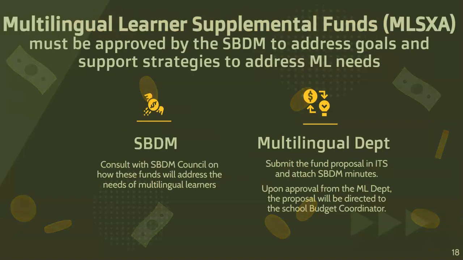In addition to our racial equity funds, there are our multilingual learner supplemental funds. These must be approved by SBDM as well, because they are Section 7 funds that are to address the goals and support strategies needed to support our ML learners. After consulting with SBDM, the principal will submit the budget proposal into the investment tracking system, and it is then directed to the multilingual department for review and approval prior to coming to the budget coordinator.